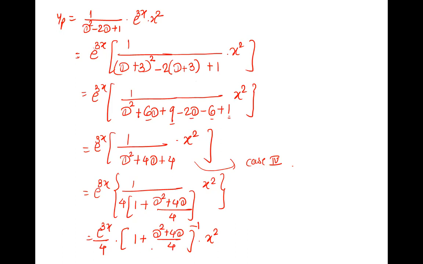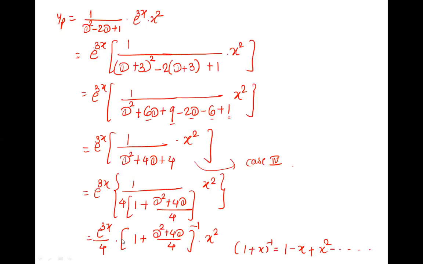Which formula? 1 plus x inverse. What is that? 1 minus x plus x square minus x cube, plus so on. Up to where do we need to write? Up to square. Right.